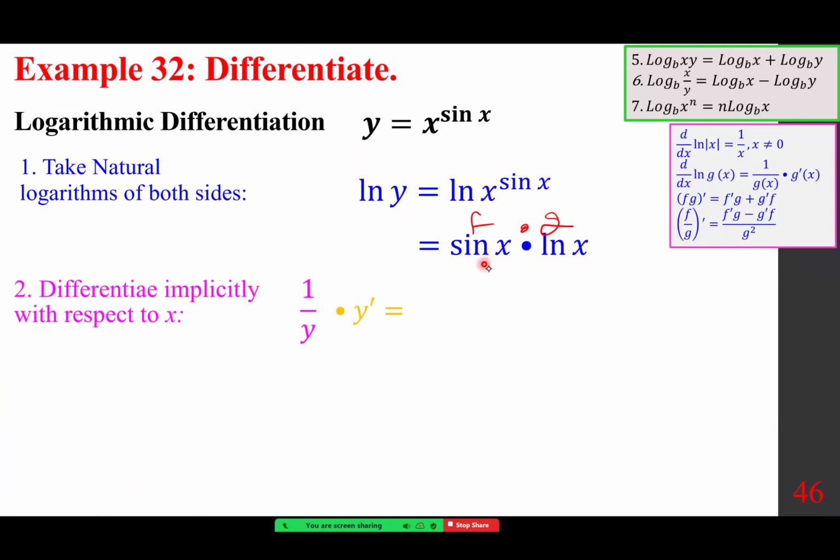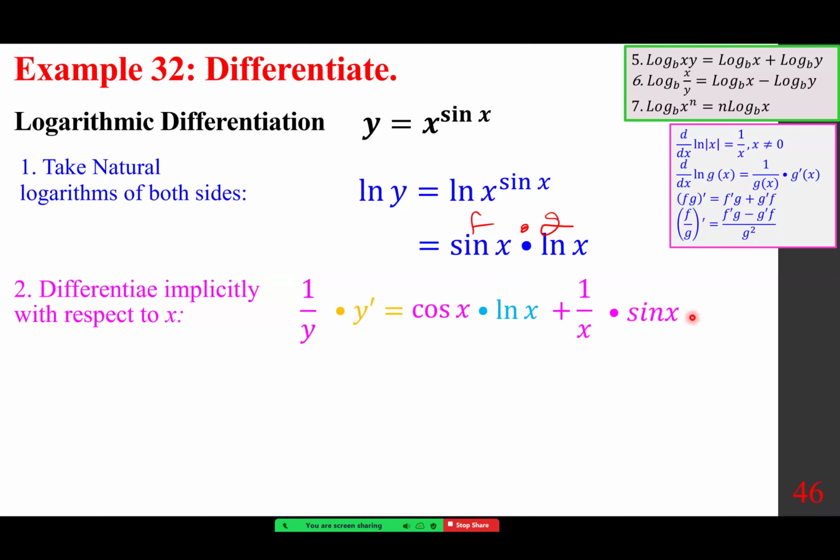We need the product rule, f prime g plus g prime f. So f prime is cosine x times g, which is ln x, plus g prime, the derivative of ln x is 1 over x, times f, which is sine x. This is done. As far as calculus is concerned, it's done.